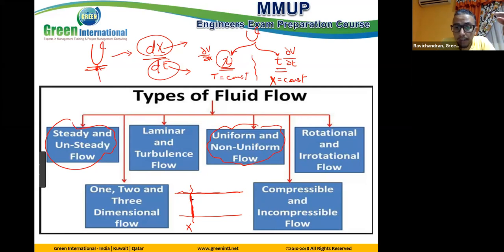What is the velocity with time? If the velocity at a certain position does not change with time, it means this flow is steady. If the velocity changes with time at a certain position, this one is unsteady. So the classification of steady and unsteady is related directly to studying the velocity with time at a certain position.